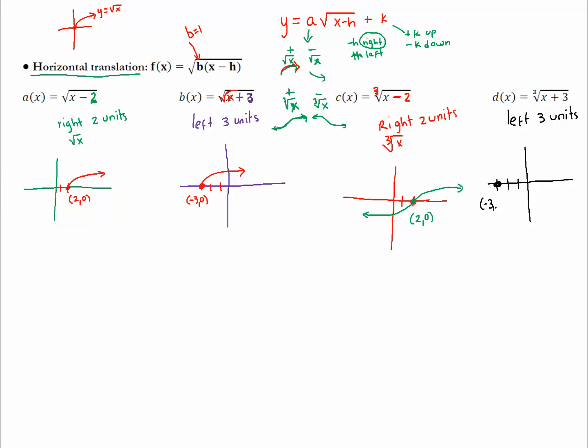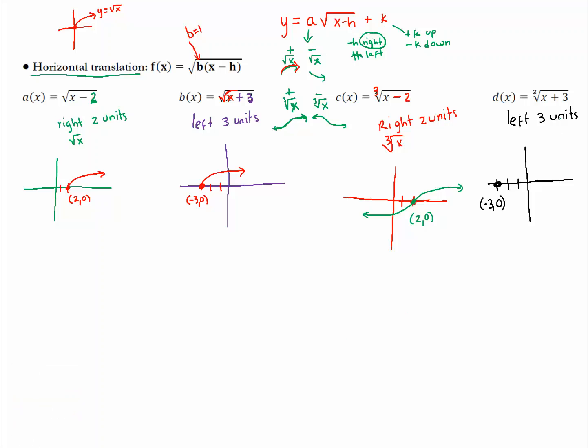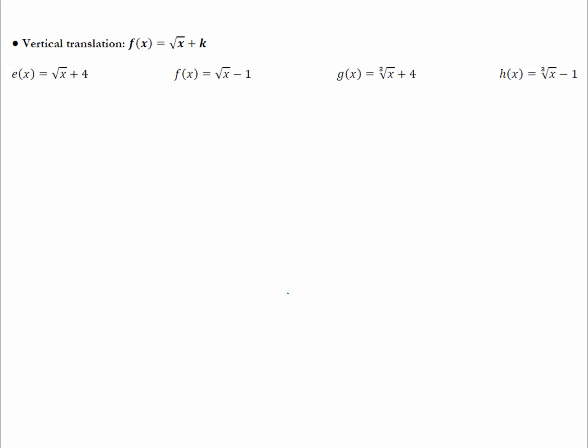So minus 3, 0. And it's the cube root of x, and it's positive, so it's going to do this. There you go. We have sketched horizontal translations.